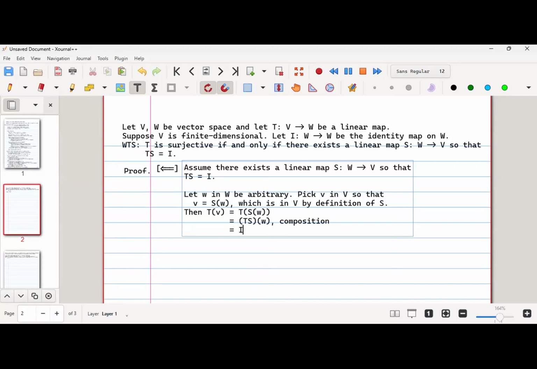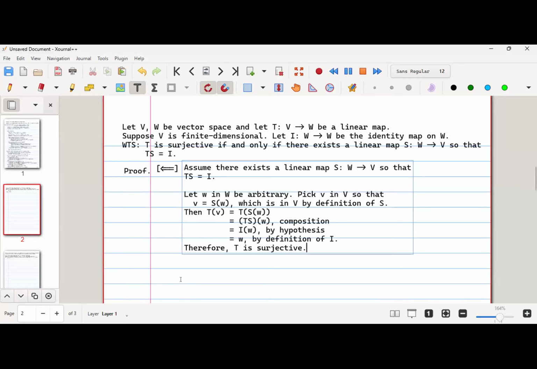And then by hypothesis, S satisfies TS is equal to I. And then by definition of the identity map, this is just W. Therefore, not S, sorry. T is surjective.